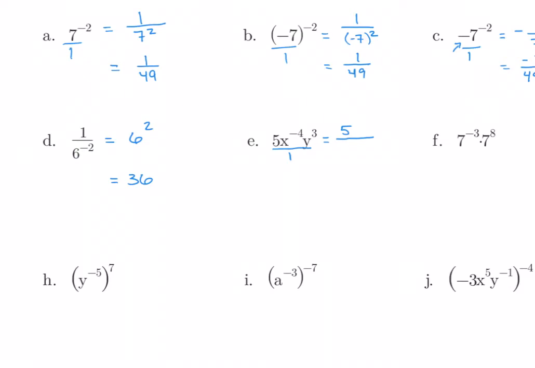X to the negative 4, this has a negative exponent, so I want to move it down to the bottom. And y cubed has a positive exponent, so I'm going to leave it on the top. So our final answer is going to be 5y cubed over x to the 4th.